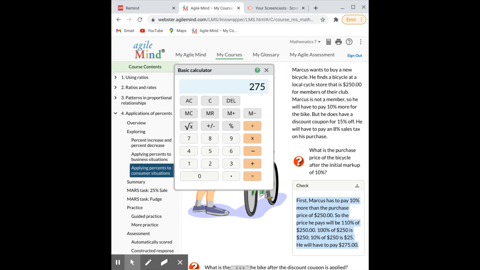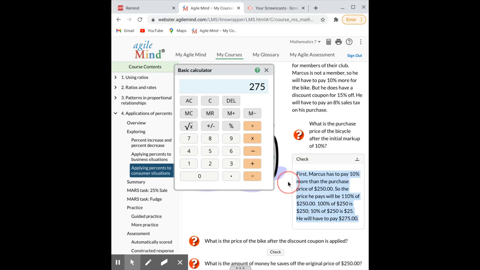So the price he pays will be 110% of $250. 100% of $250 is 250. 10% of 250 is $25. He will have to pay $275. Correct, because we combined 250 and 25. Good deal. All right, let's look at our next part.